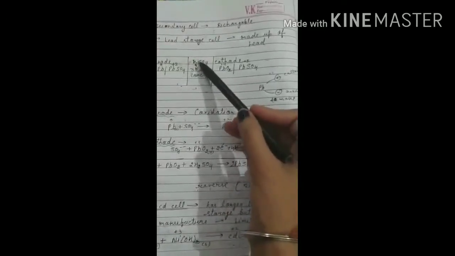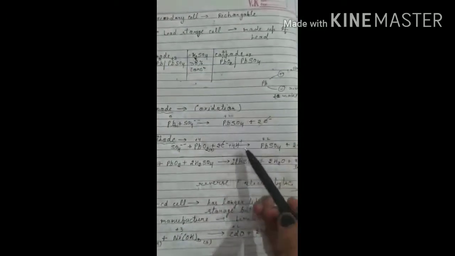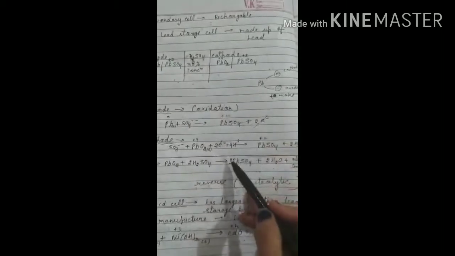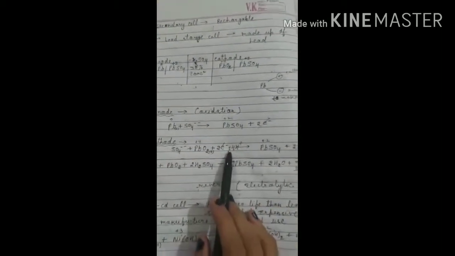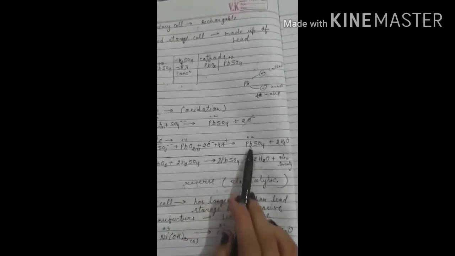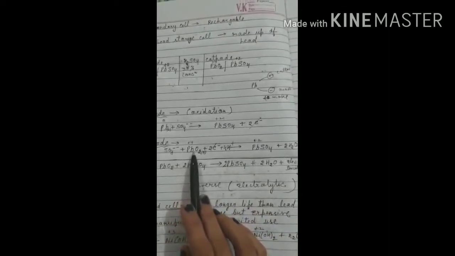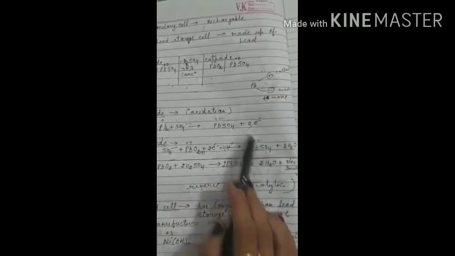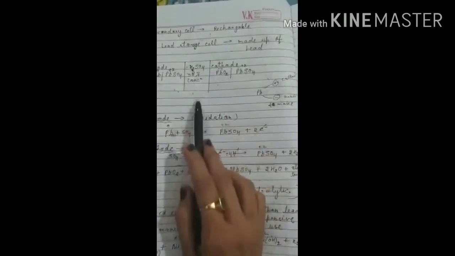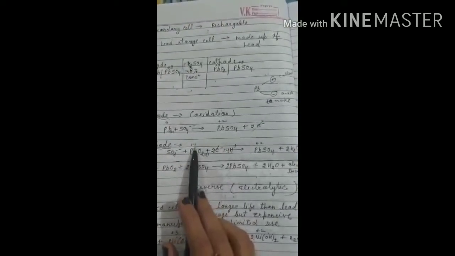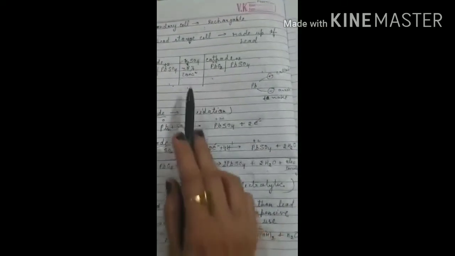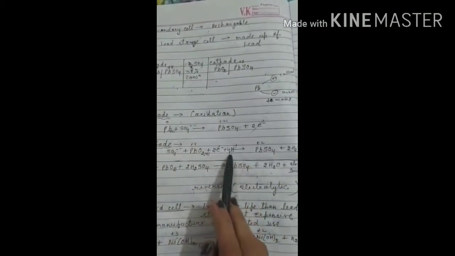Now where will the hydrogen ions go? There are 4 H+ ions that will be taken by the cathode terminal. We have written PbO2 converting into PbSO4; the SO4 ion is taken from sulfuric acid, 2 electrons are accepted to reduce +4 to +2, and the remaining hydrogen ions are written here.